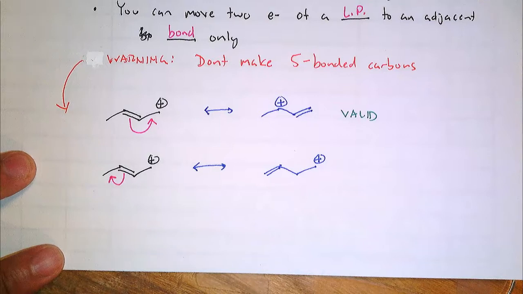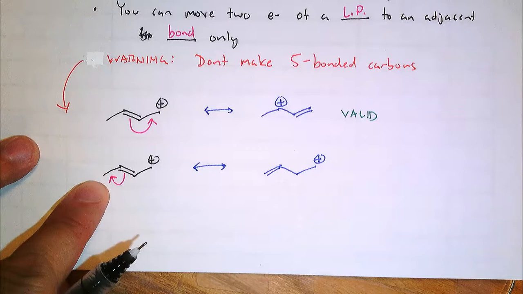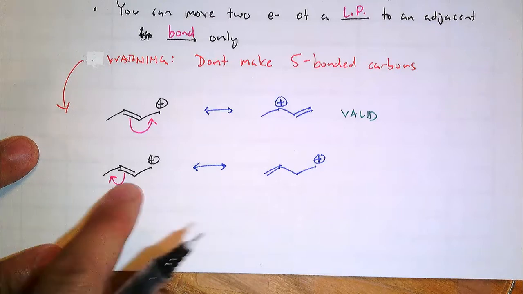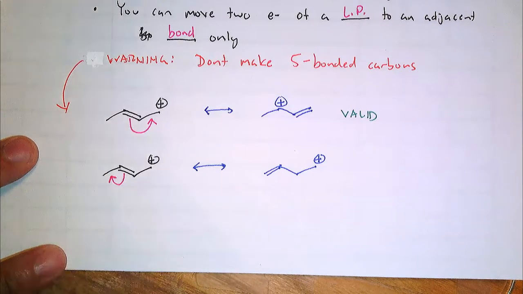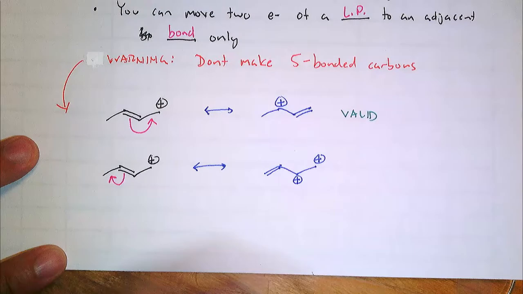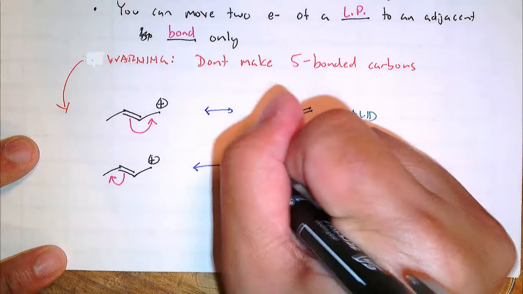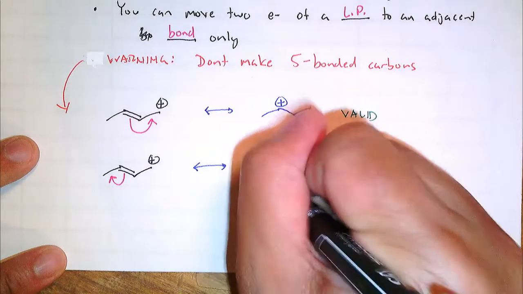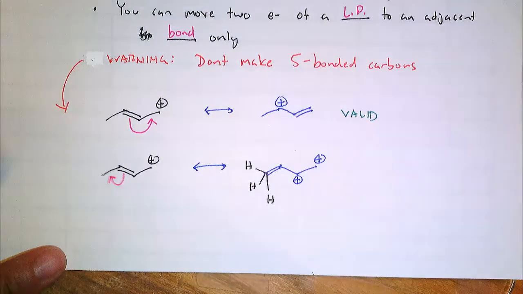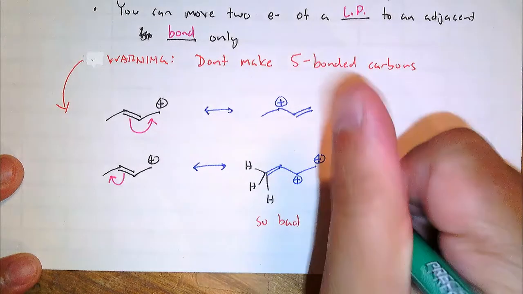What's really, really wrong is, see this carbon here? It has 3 hydrogens. If I move these 2 electrons away, that carbon is positive, right? Because we lost the bond for that one. But also, oh my goodness, the 3 hydrogens. 1, 2, 3. So bad. And we could say this is not valid.